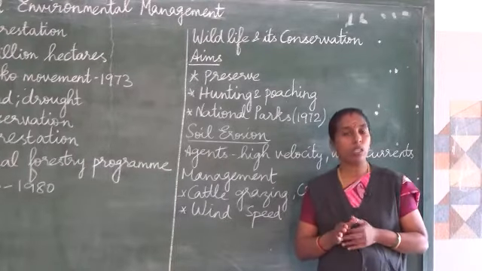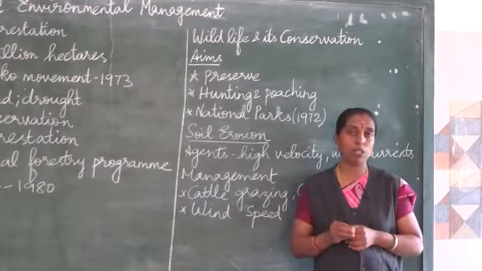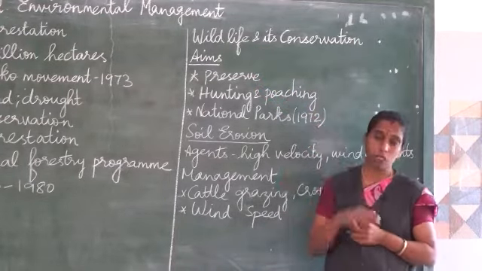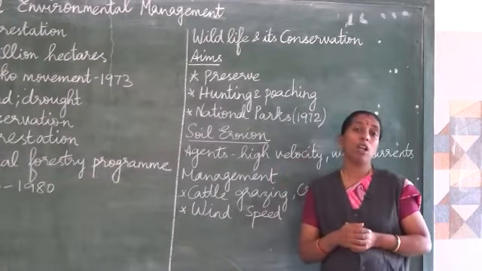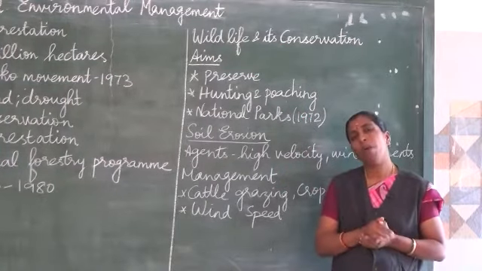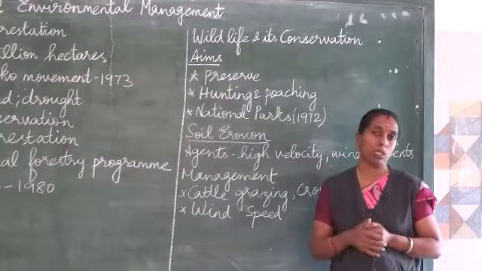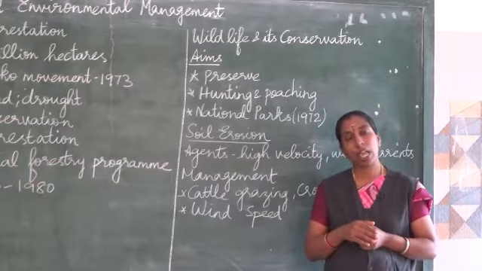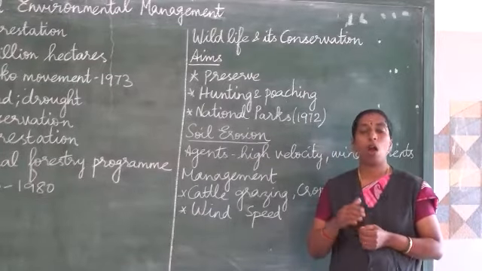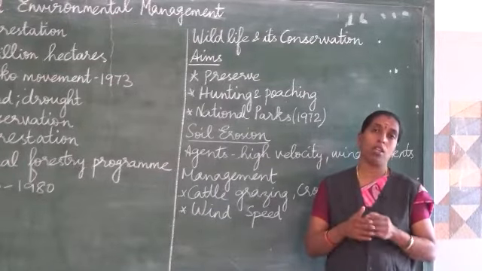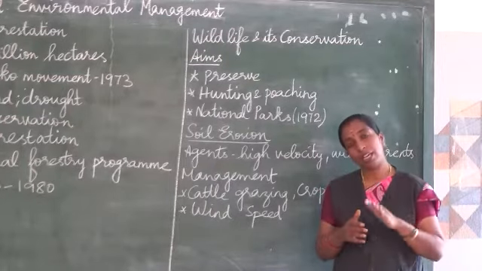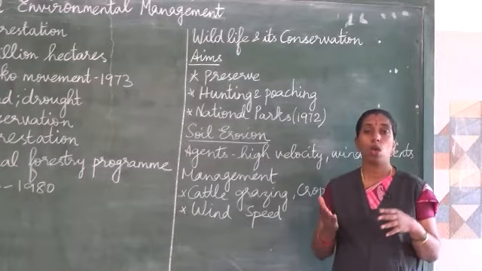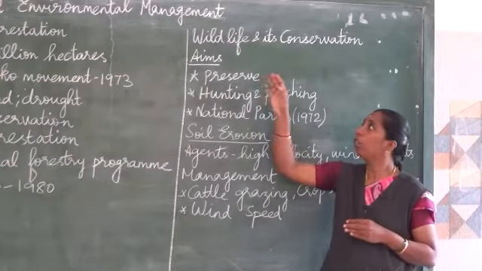All undomesticated plants and animals are included in wildlife, and this wildlife is very important for biological diversity. What is biological diversity? Organisms which differ in their size, character, nutrition, structure, organization and form come under biological diversity.